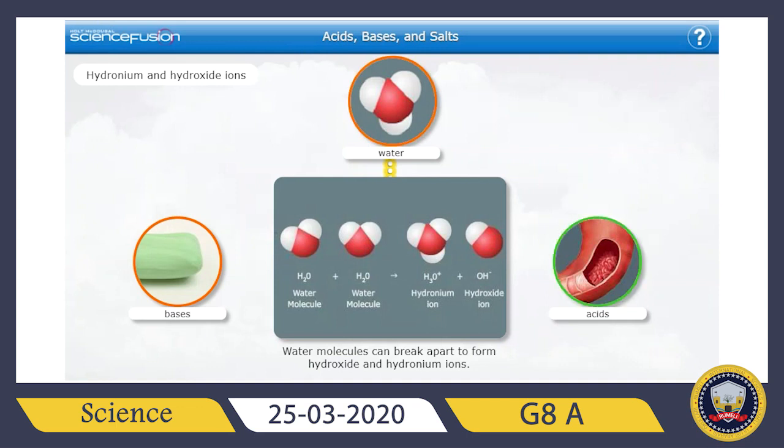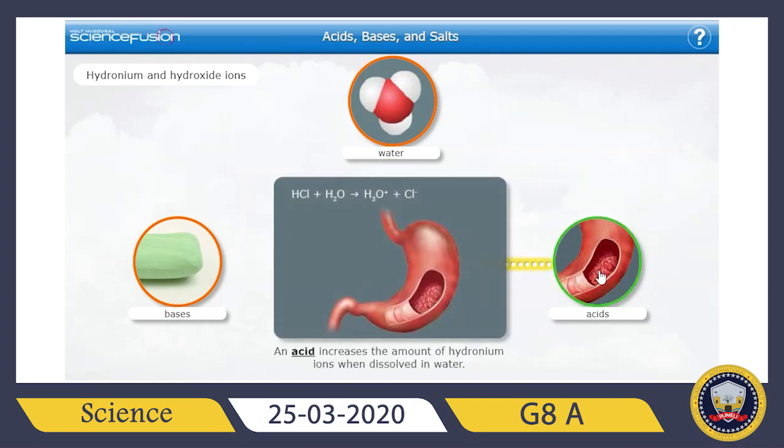Even in pure water, we have these hydroxide and hydronium ions. But when we add acid to the water, things change, because when an acid dissolves in water, it increases the amount of hydronium ions.